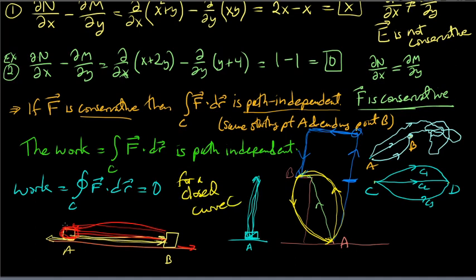But that didn't happen when we moved the crate horizontally. We did a positive net work going right to left and then left to right, even though this is a closed path, a closed curve. The reason is that friction is not conservative.